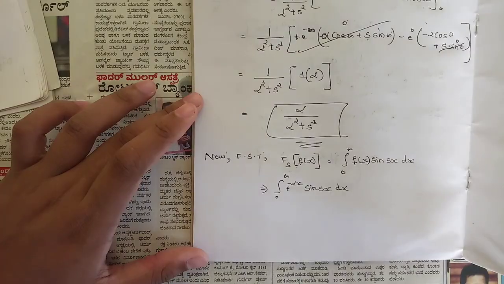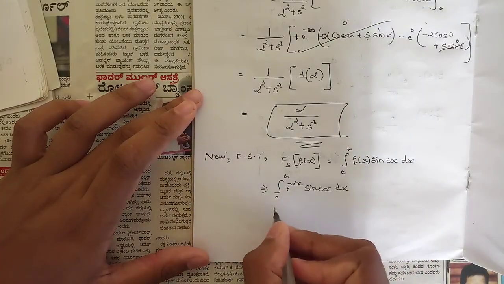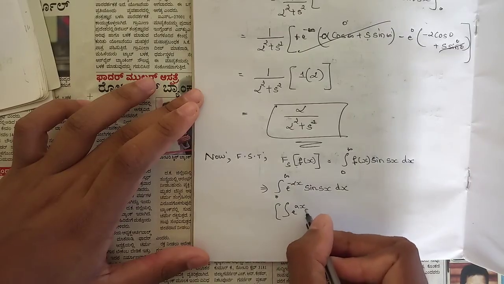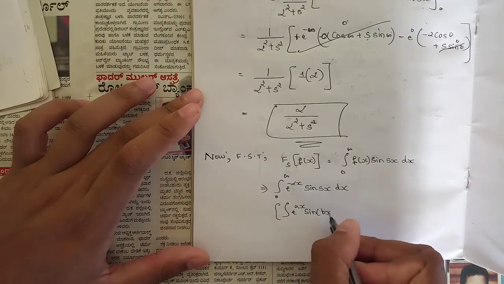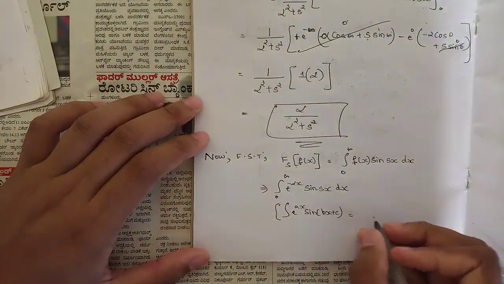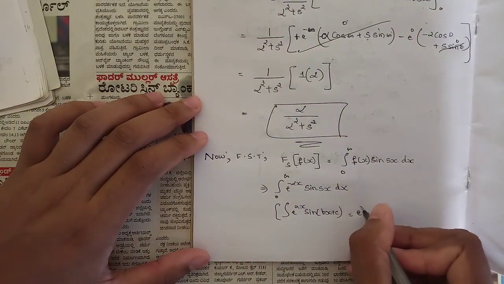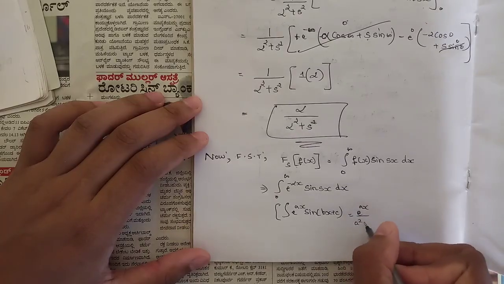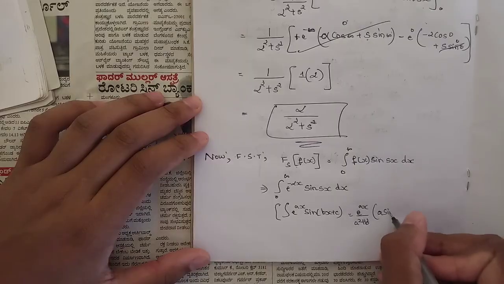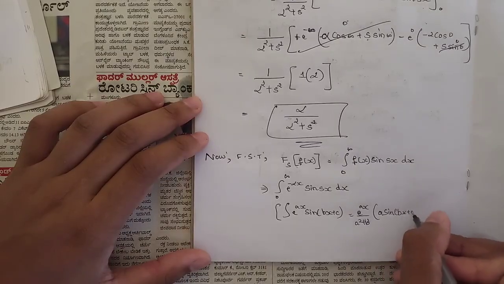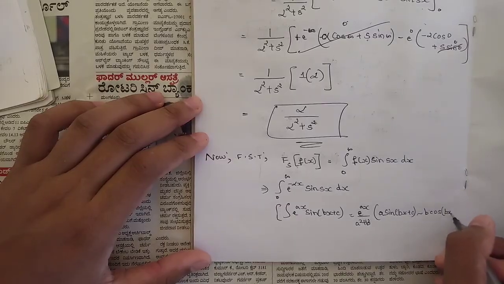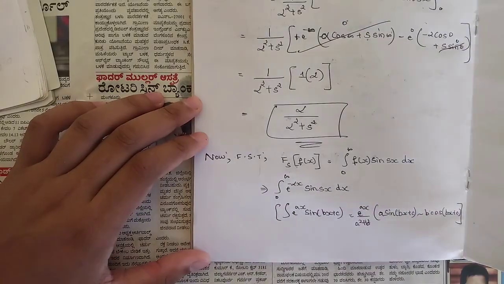Here again we have the formula for the integral of e to the power ax sin bx plus c, that is equal to e to the power ax divided by a square plus b square into a sin bx plus c minus b cos bx plus c.